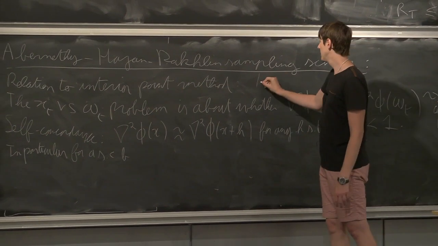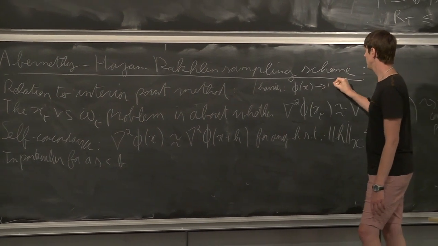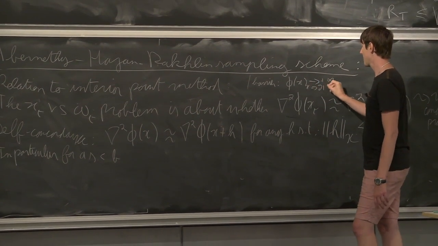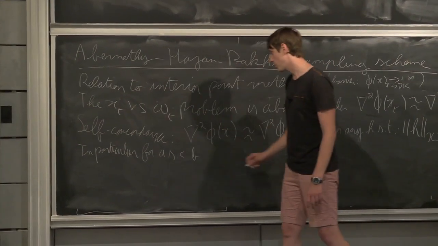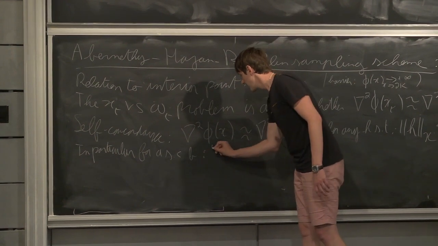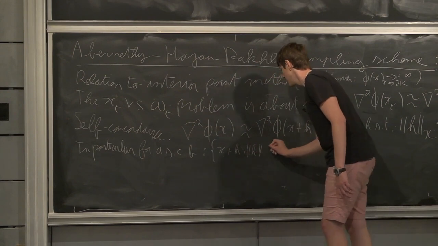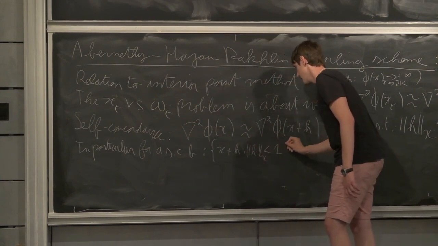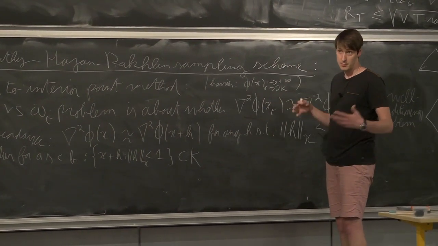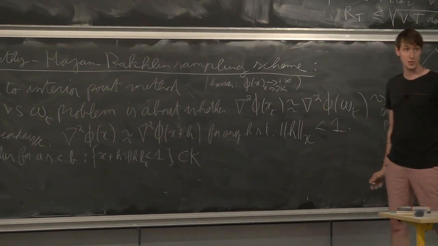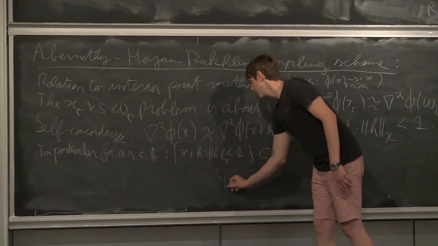Okay, so a barrier function is such that phi of x goes to infinity as x goes to the boundary of K. So in particular for a self-concordant barrier, we get that the set of x plus h with the local norm of h at x smaller than 1 is included in K, because the Hessian is finite, and the Hessian is only finite inside the body. Okay, so this is called the Dikin ellipsoid, this thing.